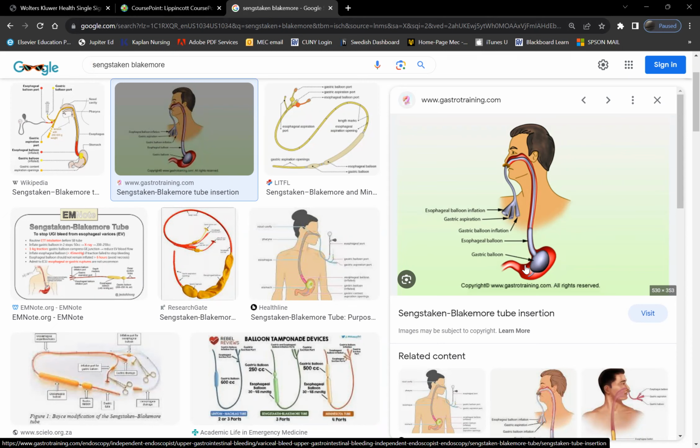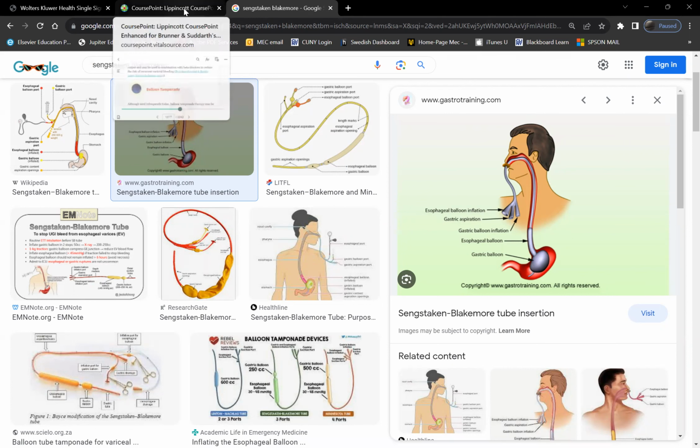If it's in the mouth, what's your number one concern? You have a tube in your mouth. Aspiration. So is it a nice thing to have? No, dangerous for aspiration. So that's the danger of the tube. But it's nice to see on the diagram. On a real patient, you don't want to be this patient.